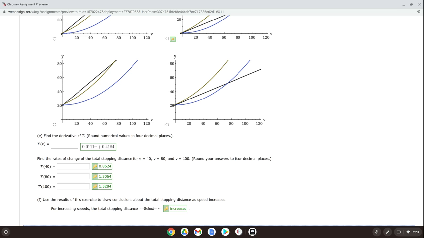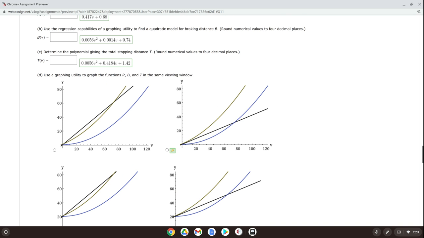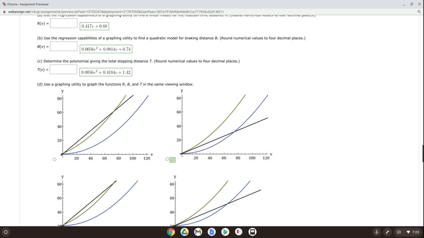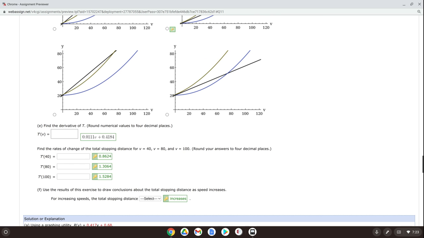Okay. So then to find the rates of change for these distances. What are we finding? Well, it's change in distance over change in time. All right. So as you can see, the faster we're going, the higher our rate of change.